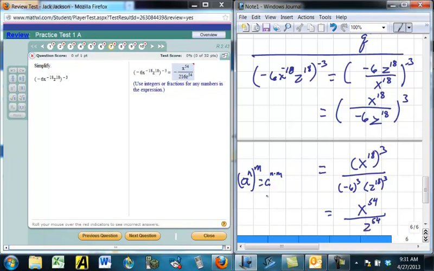And we have to do 6 cubed. 6 times 6 is 36, times another 6, 216. And 3 negatives multiplied together is a negative. So let's put that out front. And that's how they have the answer there.